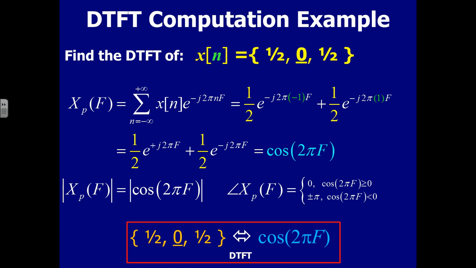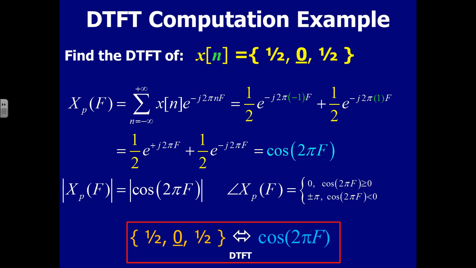Now, we haven't proven this yet, but looking ahead to the symmetry that we expect for real valued functions in their Fourier transforms, we actually know that the magnitude response should be an even symmetric function around f equals 0, which that cosine function is.